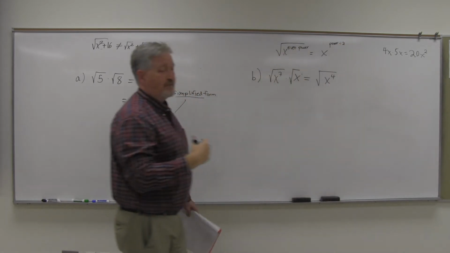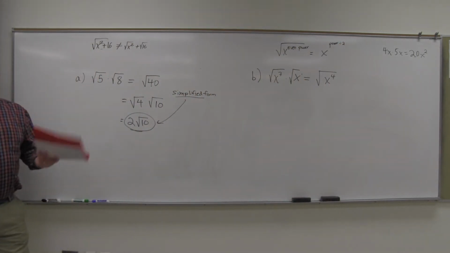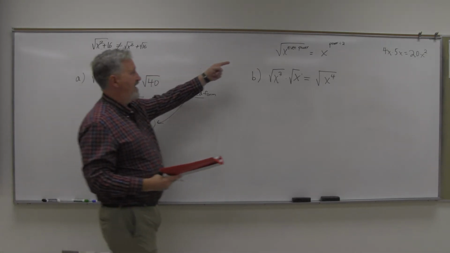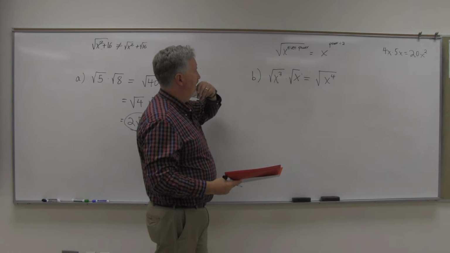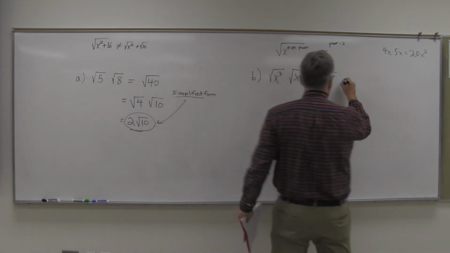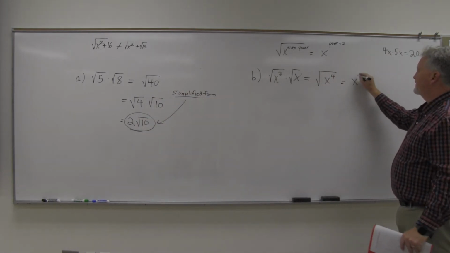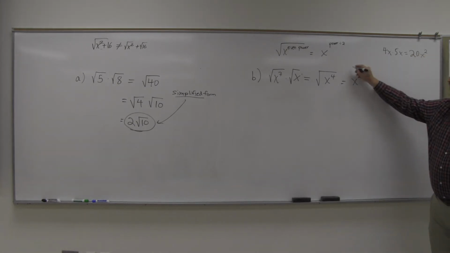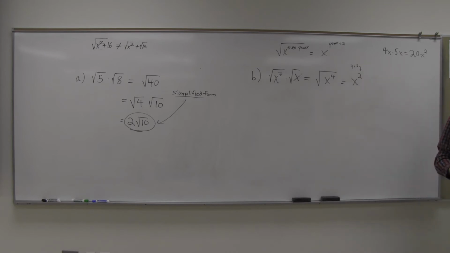Yeah, it turns out the square root of x to an even power is just that x to the power divided by 2. It's because this is the 1/2 power, but anyway. So the square root of x to the 4th is x squared. Just divide 4 by 2. That's why I've got the 2 there. All right? Question or concern on that one?